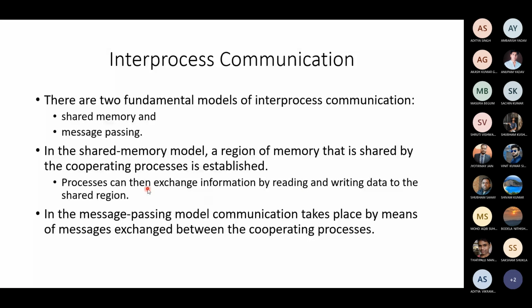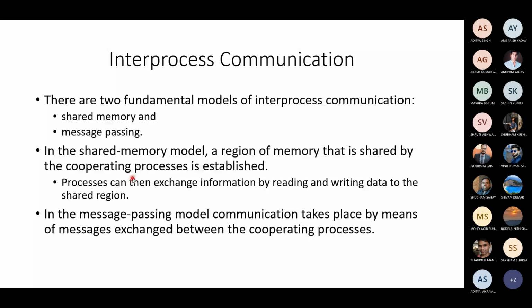Instead of me telling each and every student in your class, I'll put something on the notice board. You all will come and verify that. So shared memory is shared by all the processes. Whatever one process writes can be accessed by other processes, because it is shared between them in a cooperative way.